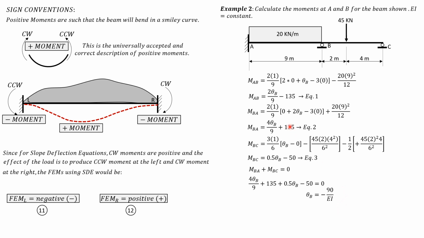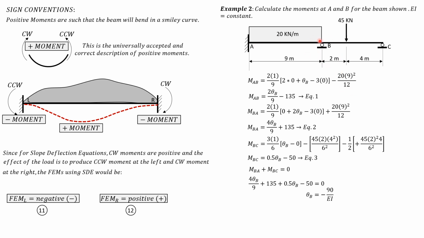We can now compute the moment at A. We substitute the value of theta B in equation 1, but of course we remove EI again because supposedly there is EI here, theta B over 9 EI, but we just ignore EI. Moment AB is the moment at A, and the moment at B is moment BC, not moment BA, because moment BC and moment BA are numerically equal, but they have opposite signs.